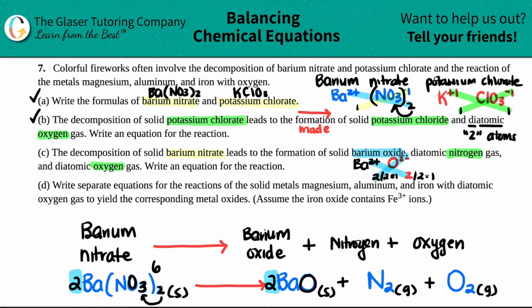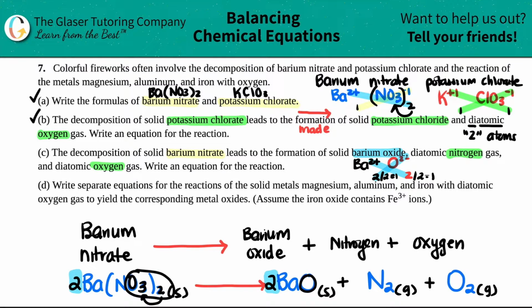You might be thinking, why are we doing that? But that was the only way, or one of the ways, in which you could get rid of your odd problem. Now, if I just add my oxygens, I have 2 plus 2 is 4. So now let's see how many total oxygens we have now.